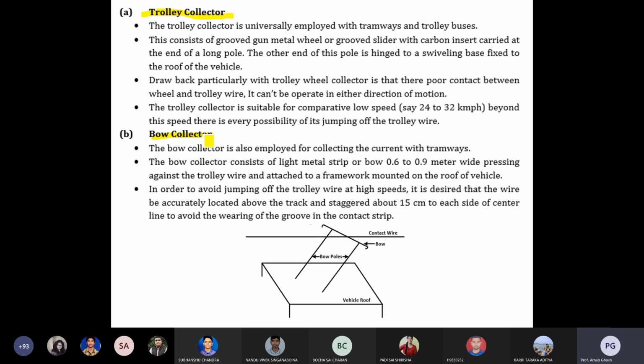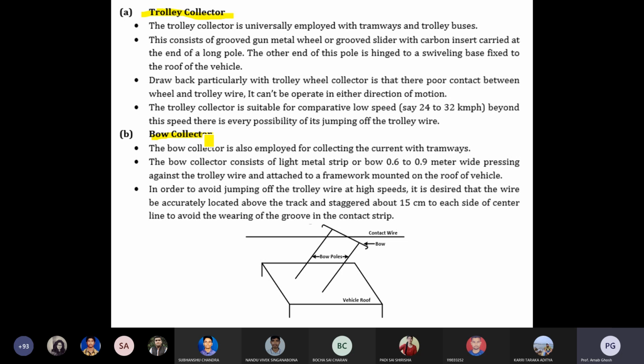But you cannot use it for high-speed operation. High speed means transportation above about 25 to 30 kilometers per hour, where it cannot collect current properly.